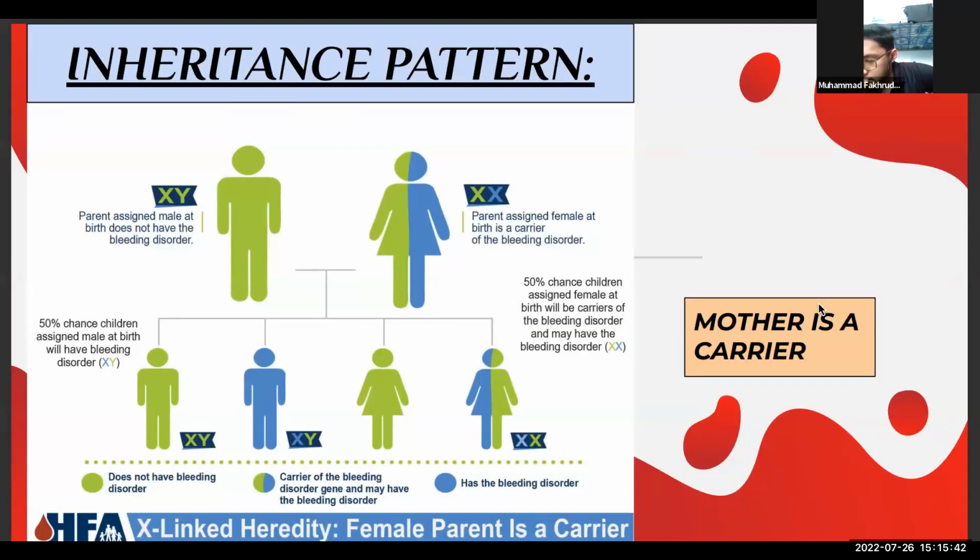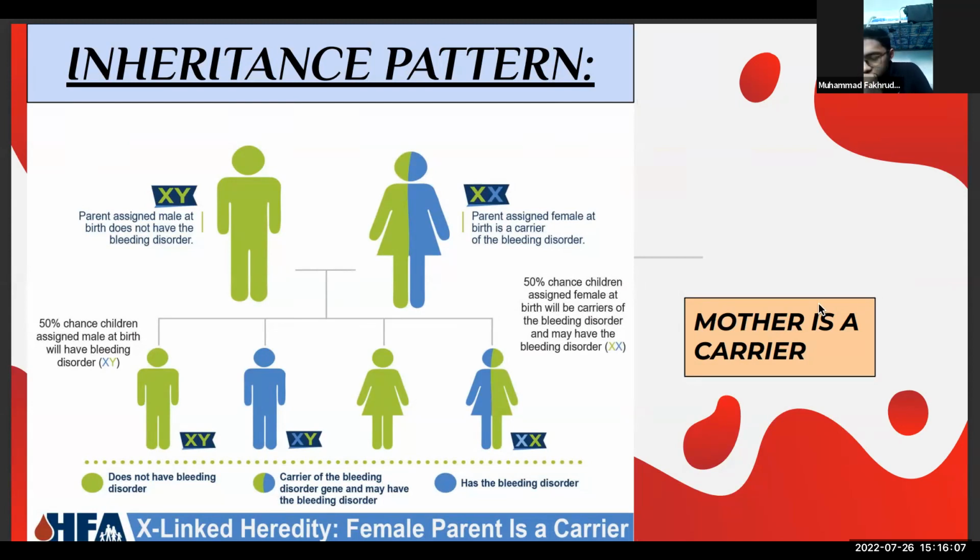In this slide, the mother is a carrier, and the father does not have hemophilia. So the chance of the male children to have hemophilia is 50%. Meanwhile, the chance of the female children to be a carrier is 50%.